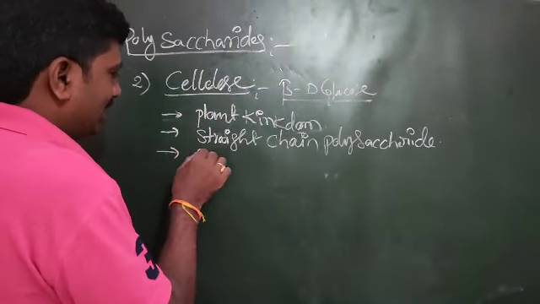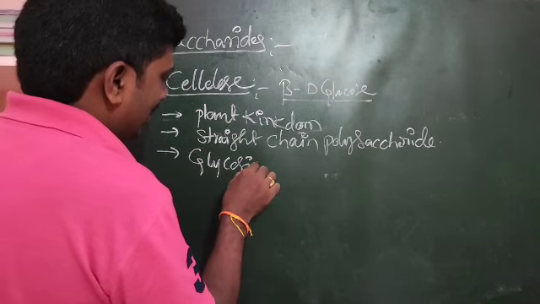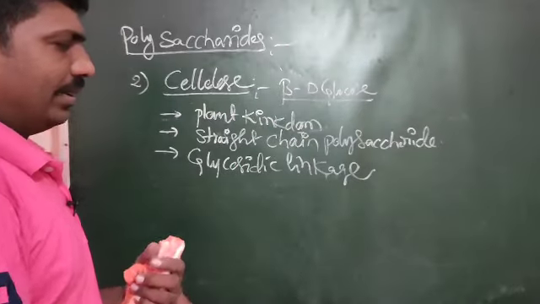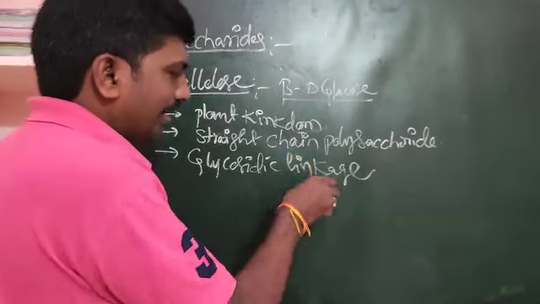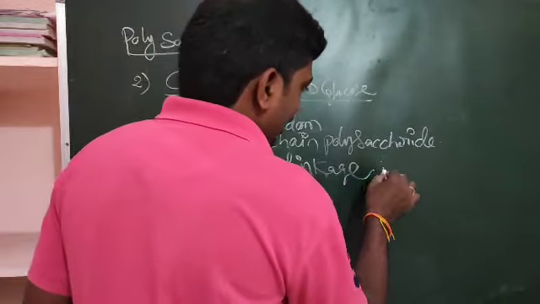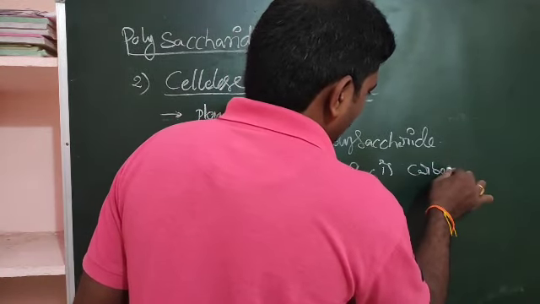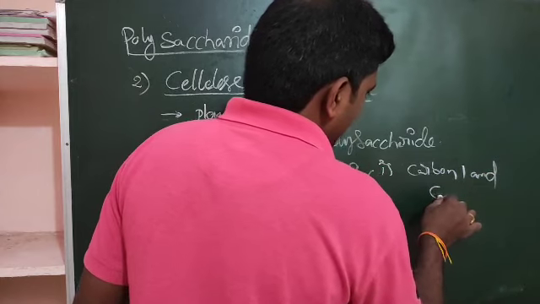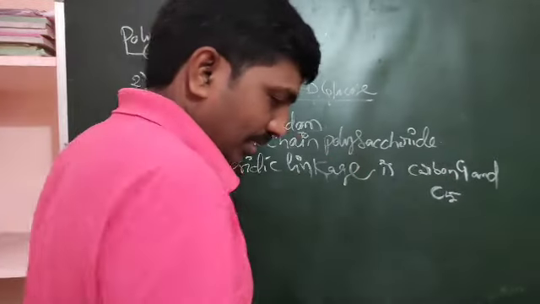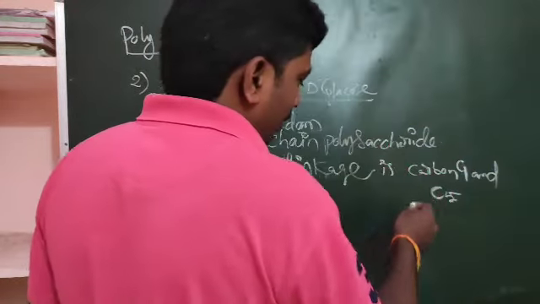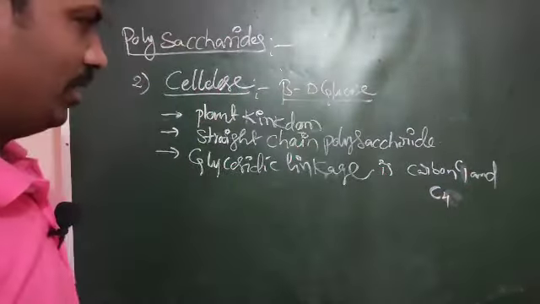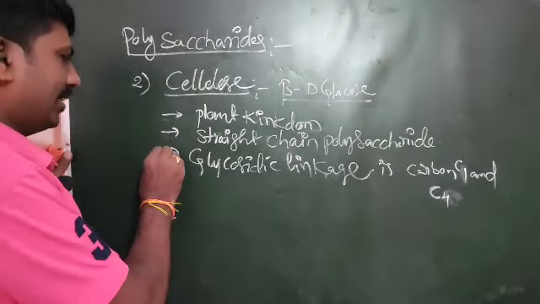Glycosidic linkage, where does it form? C1 and C5, correct? C1 and C4, sorry, C1 and C4 positions will form a glycosidic linkage.